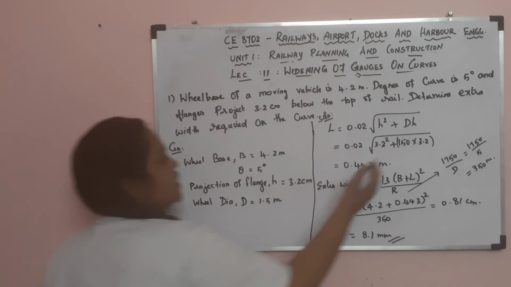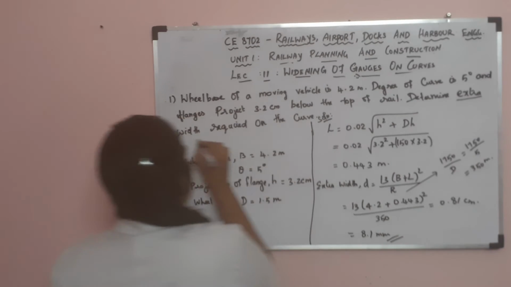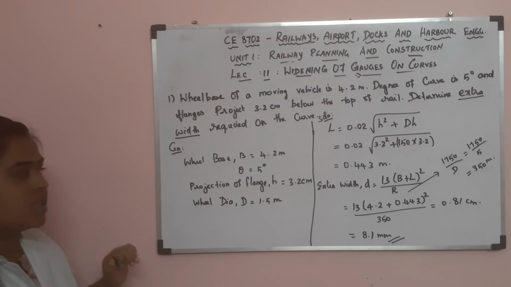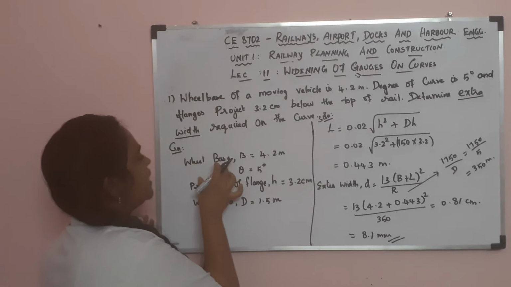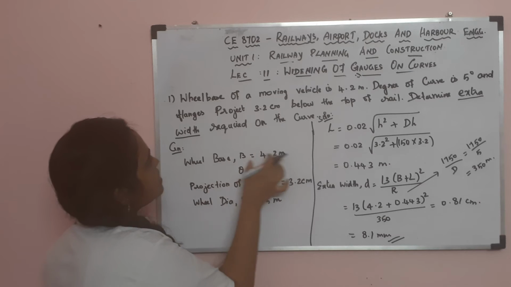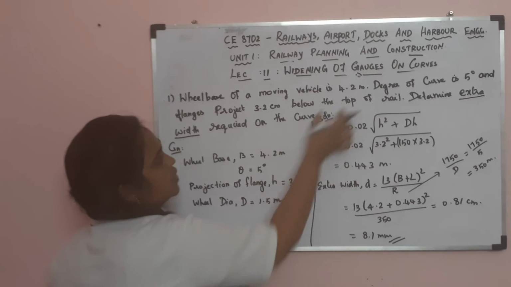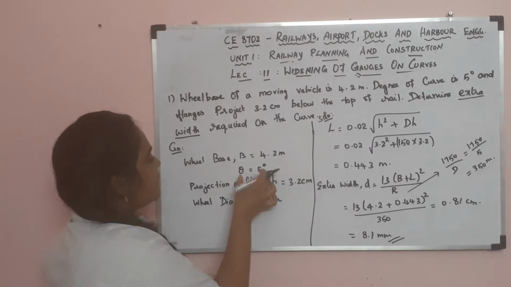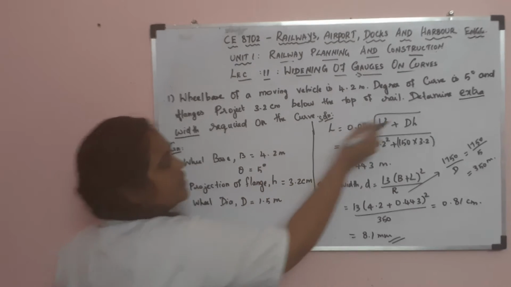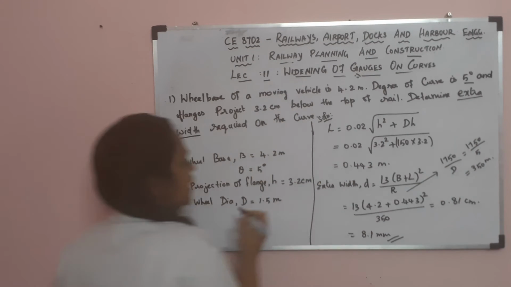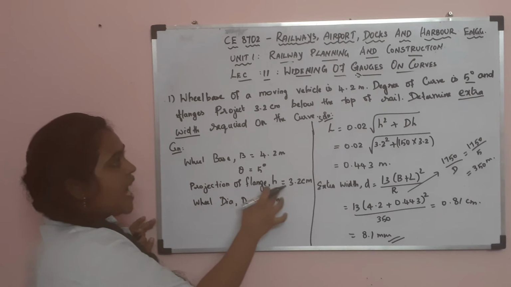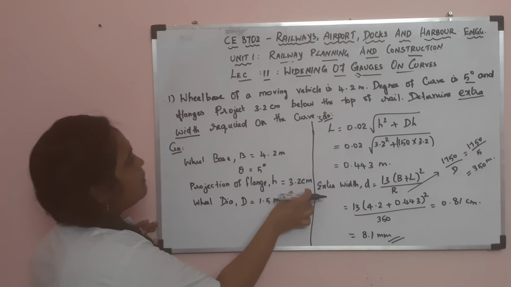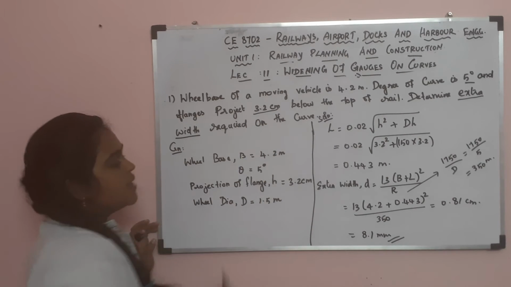So we have to calculate the extra width required on the curve. So first write the given data, that is wheel base B is equal to 4.2 meter and theta, that is degree of the curve, is given as 5 degree. Projection of flange h is equal to 3.2 centimeter. It's also given in the problem.